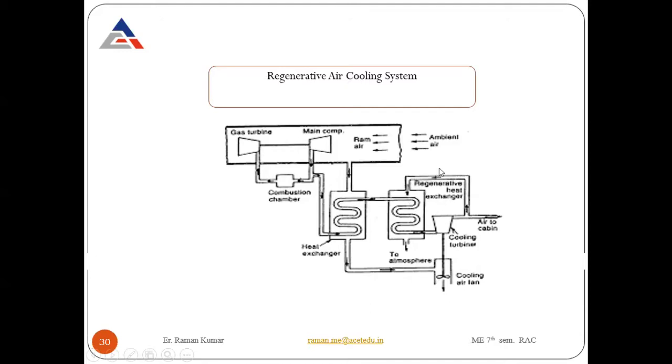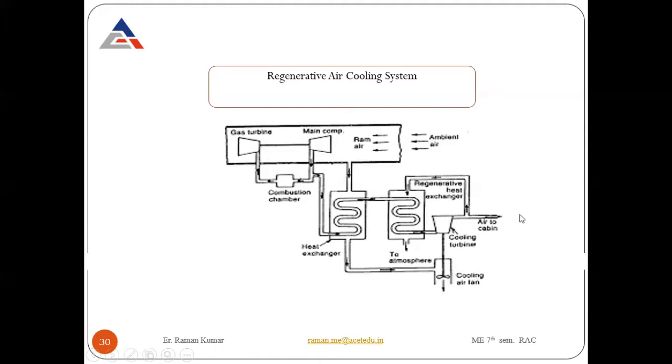Look here, this is your regenerative type heat exchanger. This regenerative type air heat exchanger is cooled with the help of the air which is coming after passing through this cooling turbine.